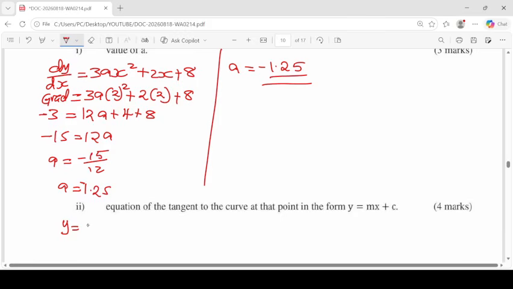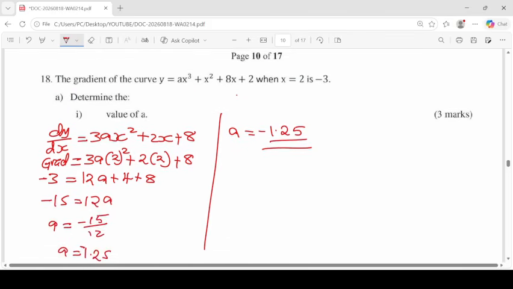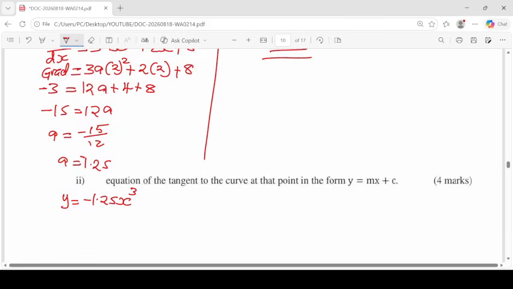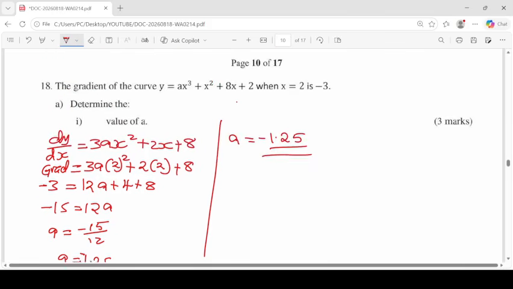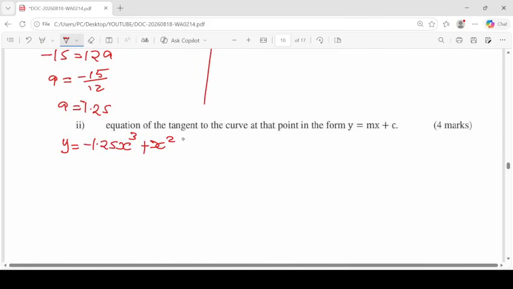So we have negative 1.25 x cubed plus x squared plus 8x plus 2. This is the equation of our curve.